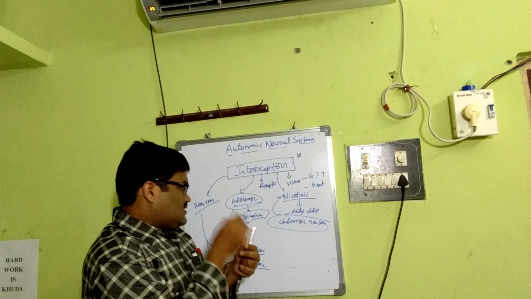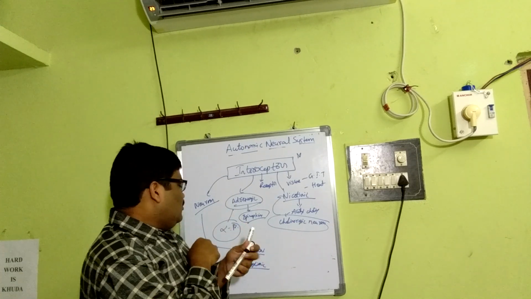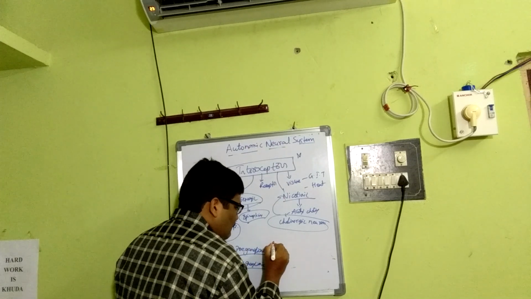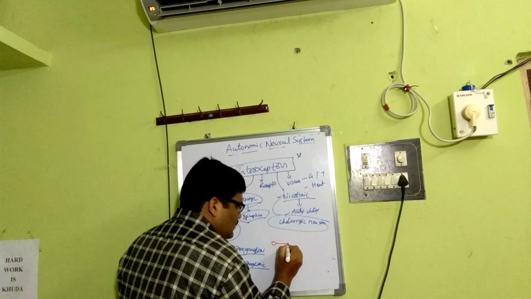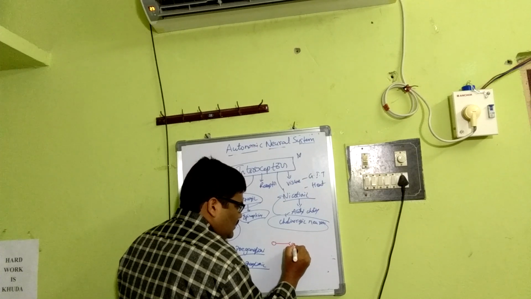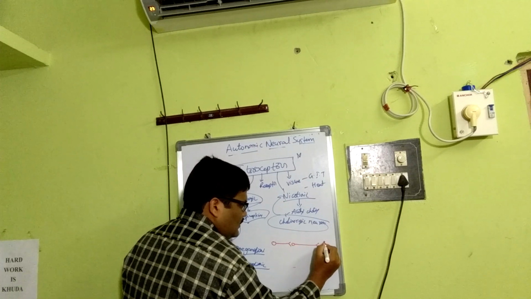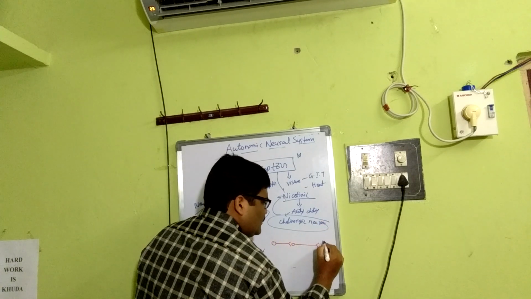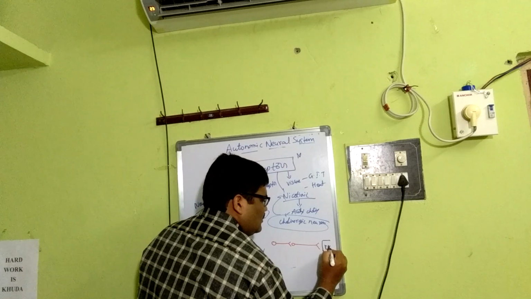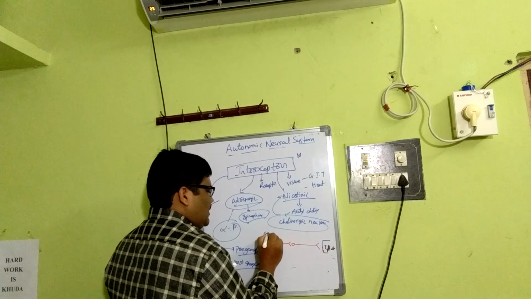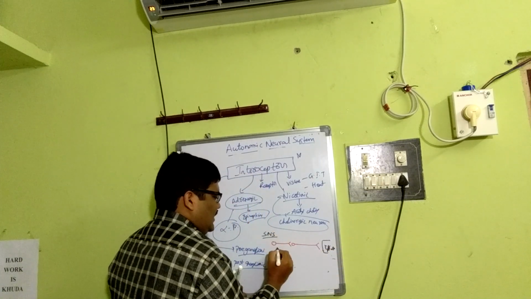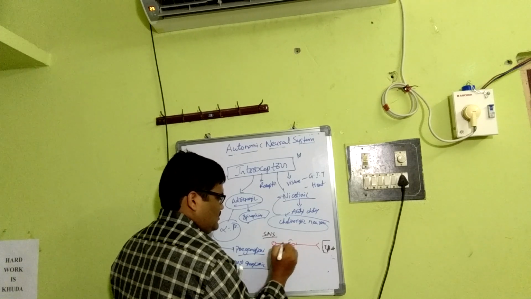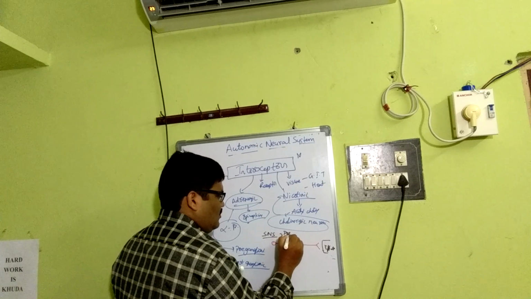For understanding, take an example of how a preganglionic neuron in the sympathetic nervous system would be. This is the effector organ. This is the sympathetic neural system, and this is the preganglion. This is the synapse.